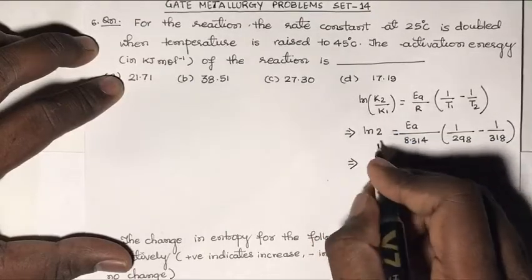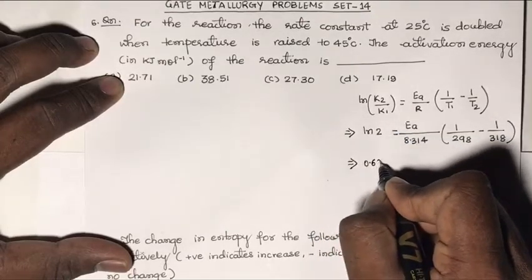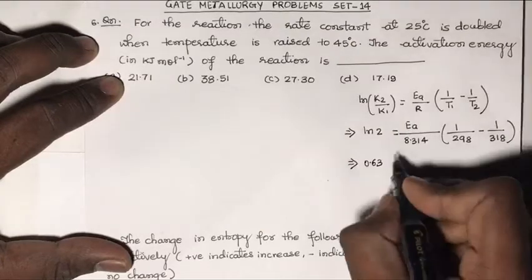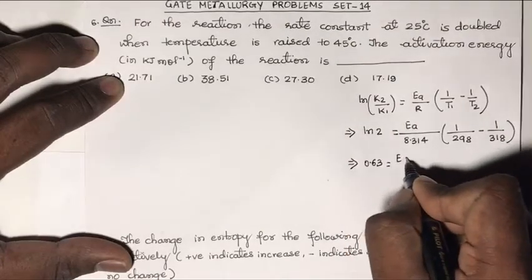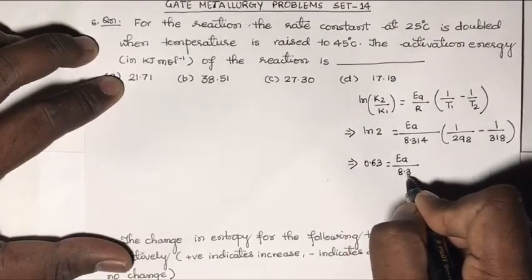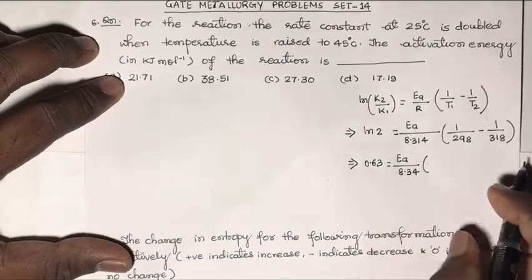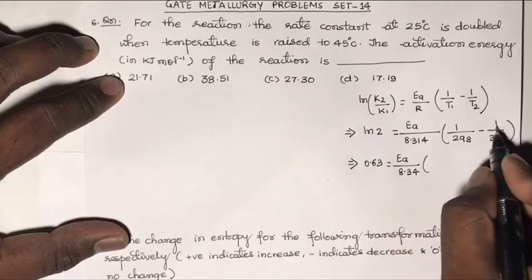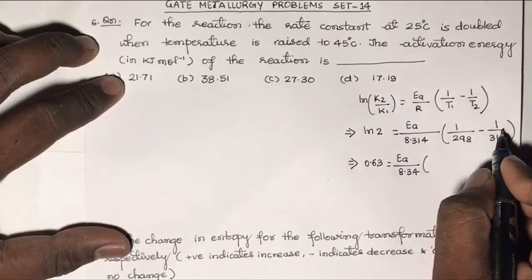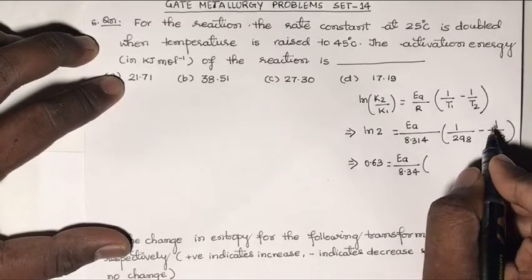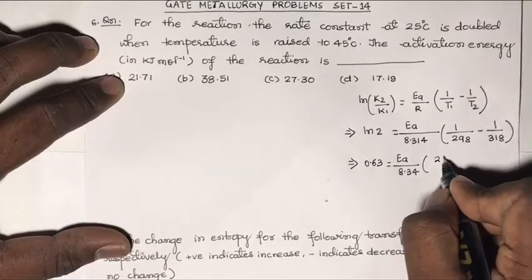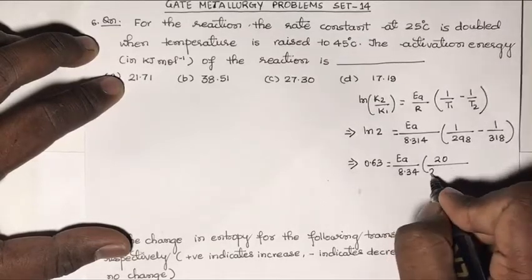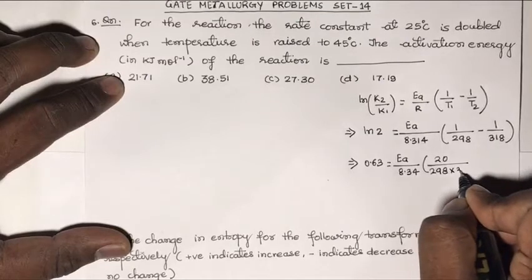The value of ln2 is 0.693, that is the value of this, Ea upon 8.314, and this will be equal to 318 minus 298, so this will be equal to 20 divided by 298 into 318.